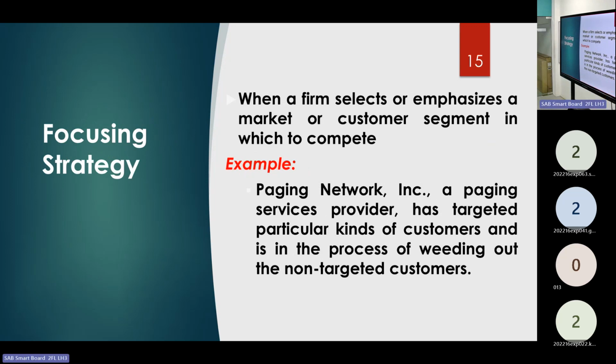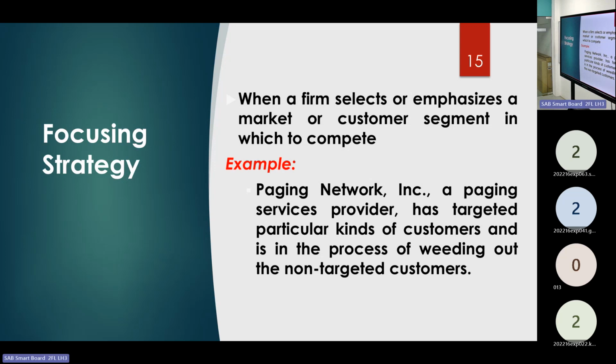Practically, if you take mass scale, you can talk about mass scale cost leadership like China, and mass scale product differentiation like Apple, right?